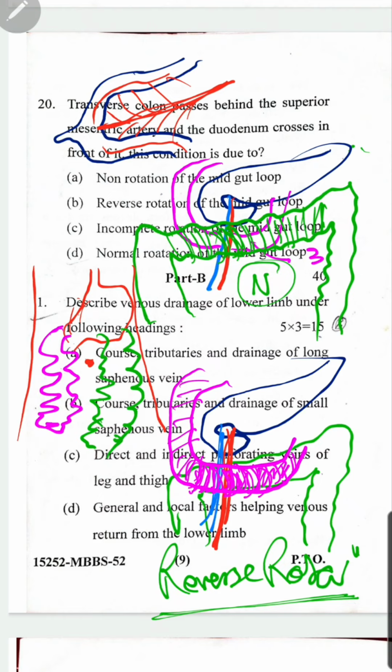This condition is called non-rotation. Small intestine loops on the right side, large intestinal loops on the left side. This is non-rotation.